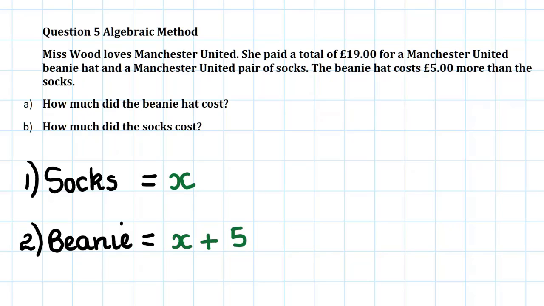We have now got an expression for the socks, which is x, and an expression for the beanie hat, which is x plus 5. And we're going to add the two expressions together and give a total of £19. So step 3.